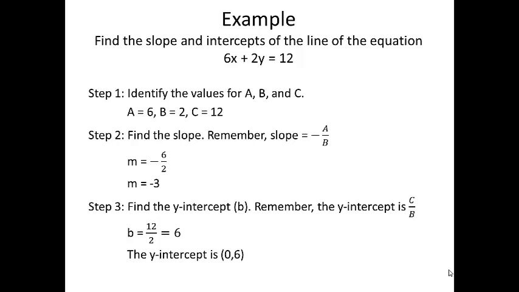To find the y-intercept, or little b, we do C over big B. That would be 12 over 2, which equals 6. The y-intercept of this equation is (0, 6).